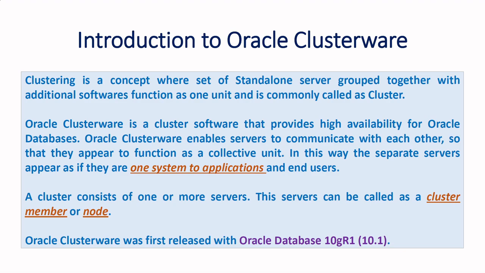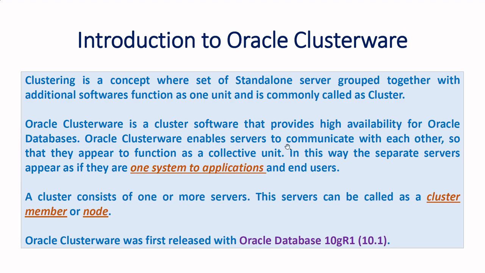You can have clustering in Windows, in Red Hat Linux, in Solaris; there are multiple different types of clusters. The concept of a cluster means you combine multiple servers together to form a single, collective unit. So Oracle Clusterware is cluster software that provides high availability for Oracle databases.